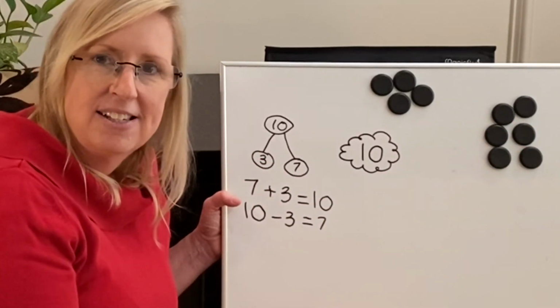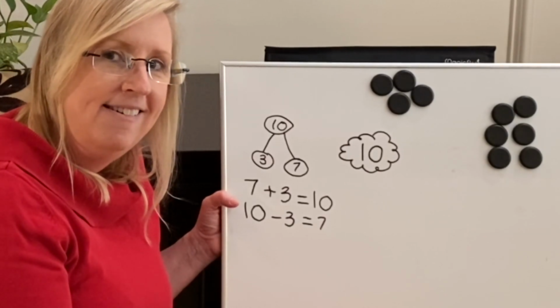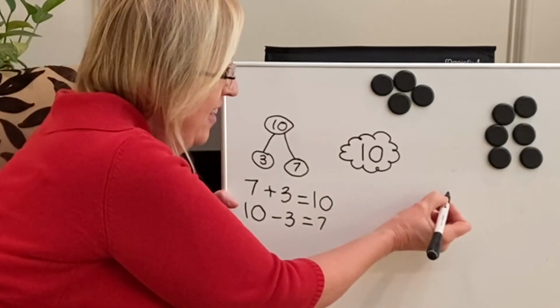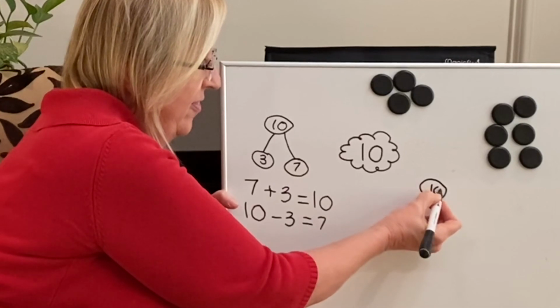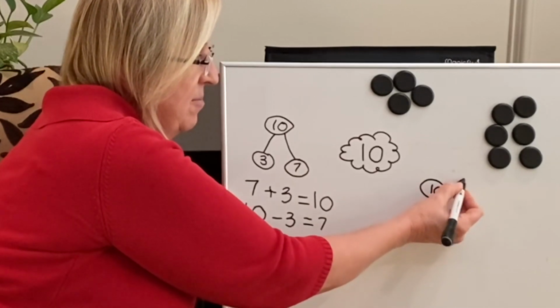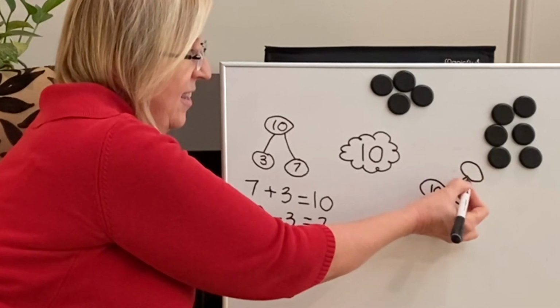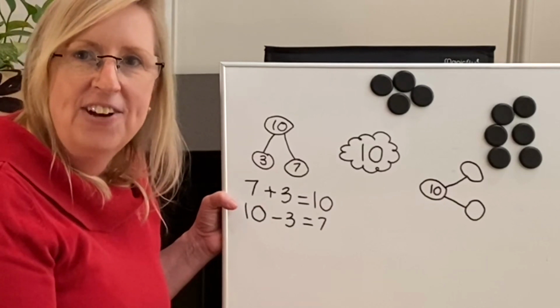Can you guess what my new number bond looks like? Well, of course you knew that the 10 would be the whole number. And I'm going to make mine go to the side now. And I've got my parts going out on the side.